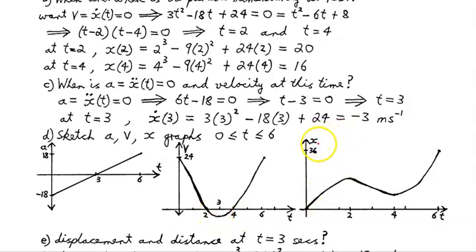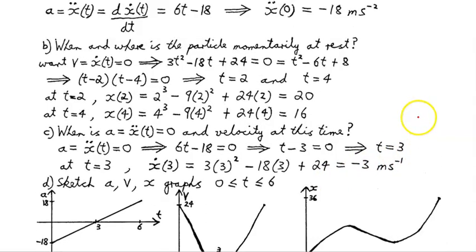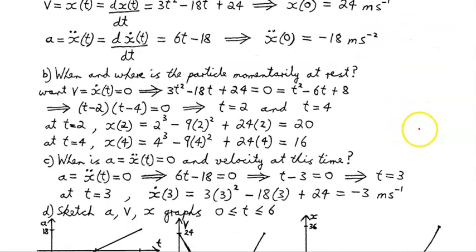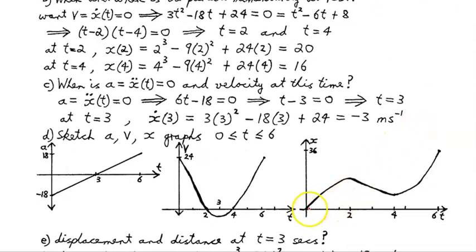Our position function was that original cubic, t cubed minus 9t squared plus 24t, and sketching this, we get this. And the acceleration was 6t minus 18, so here we go, it's this straight line here. These are all sketched for t between 0 and 6.